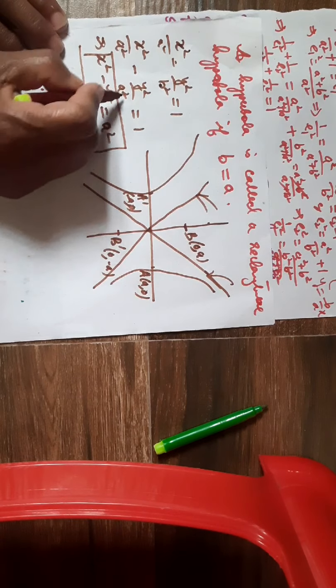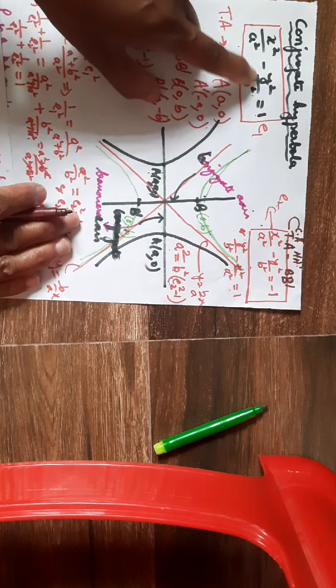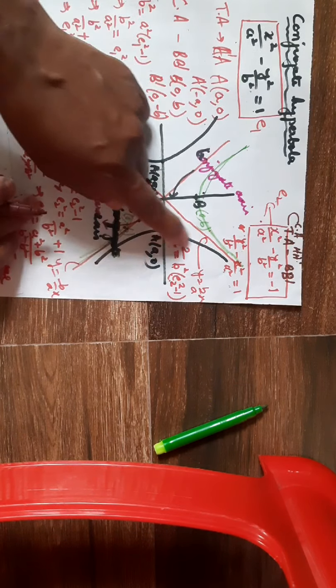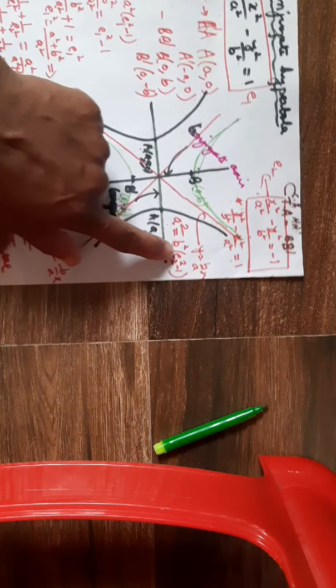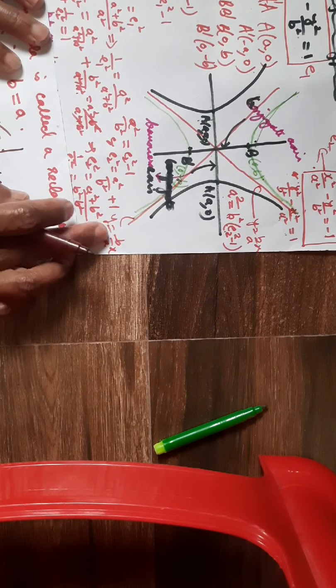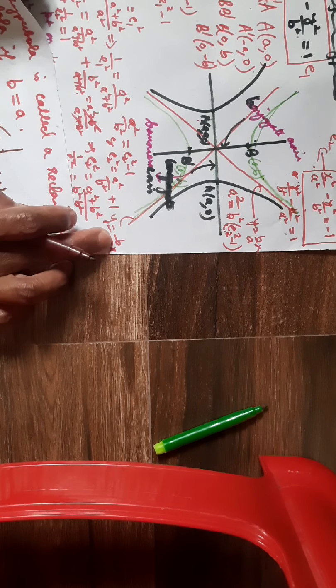Now in this case, we know that for the hyperbola x square by a square minus y square by b square is equal to 1, and its conjugate hyperbola, the asymptotes are given by the equations y is equal to b by a into x, and y is equal to minus b by a into x. But in the rectangular hyperbola, b is equal to a.